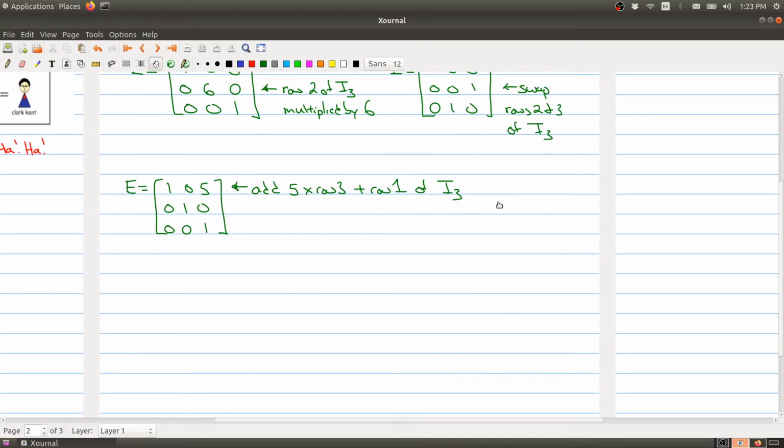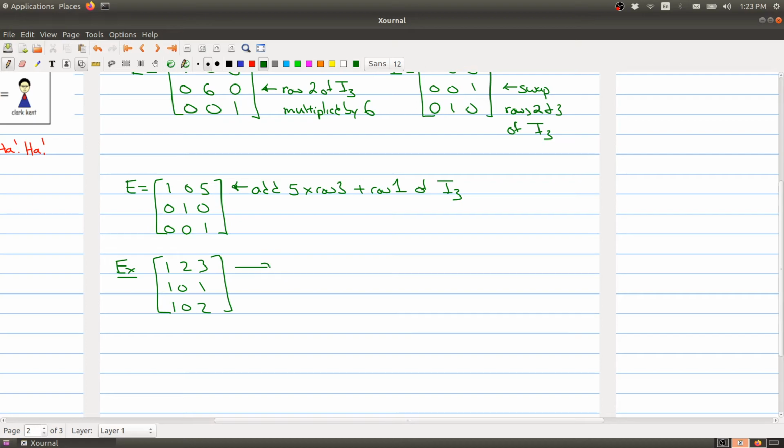Let me do another example to show you something else that's happening, and this will motivate what we're going to be doing in the next part of this lecture. Let's go back to a new matrix, 1, 2, 3, 1, 0, 1, 1, 0, 2.